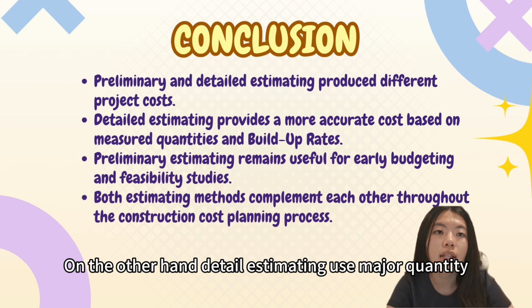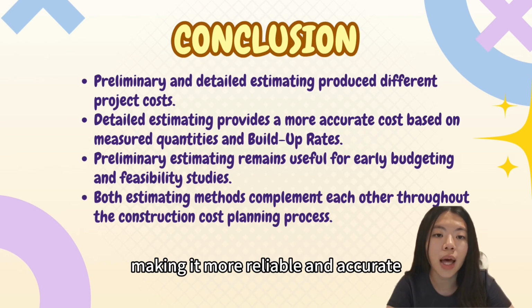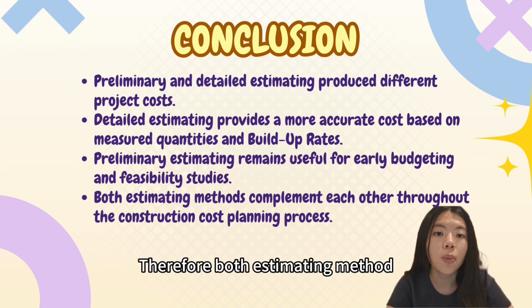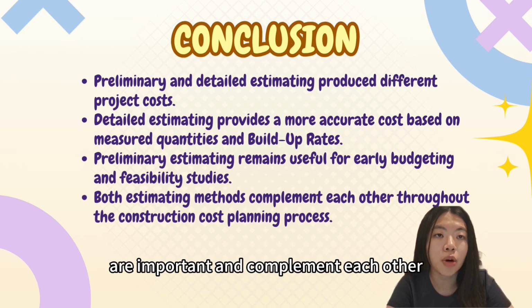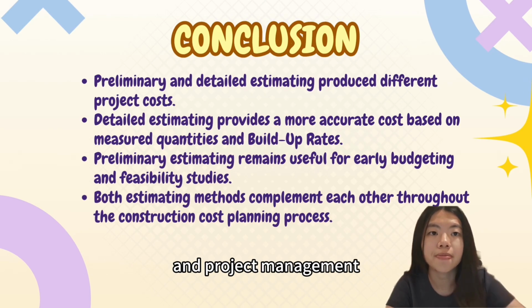On the other hand, detailed estimating uses measured quantity, build-up rate, and current market price, making it more reliable and accurate for tendering and cost control. Therefore, both estimating methods are important and complement each other in supporting effective construction cost planning and project management.